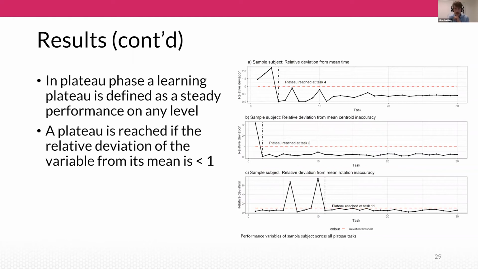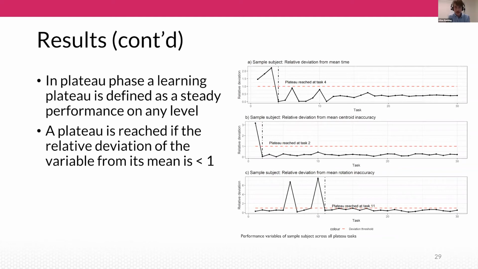We check this by computing the relative deviation from the mean for each subject, and we do not primarily look at what level this plateau is, just whether a plateau is reached. That can be high or low individually. In the plots on the right, we see the data from a sample subject.